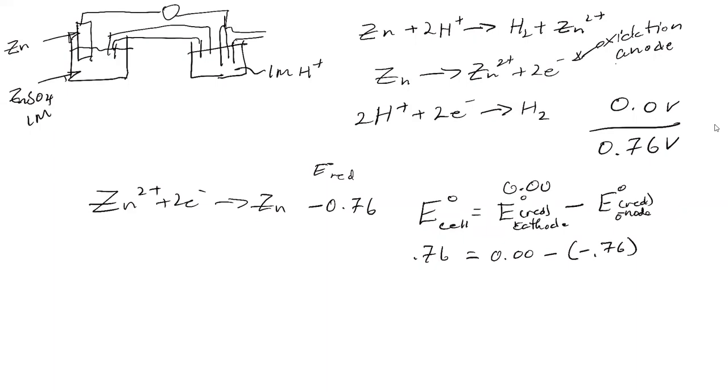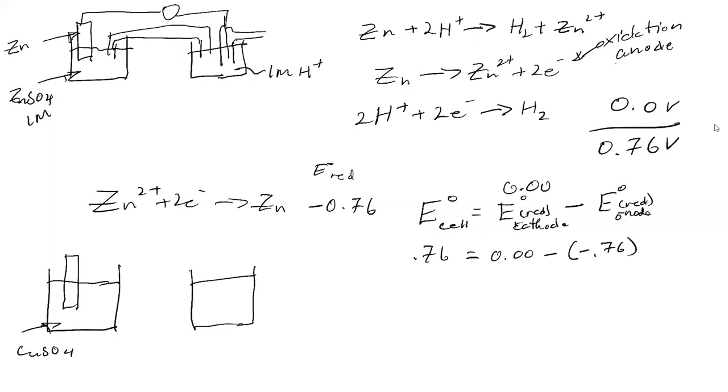So if I make my other reaction and I put copper in here, so I'm going to make this side copper sulfate, and this is still my standard hydrogen electrode. H2 going in. Didn't write H2 going in here.